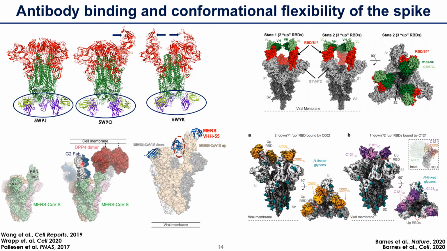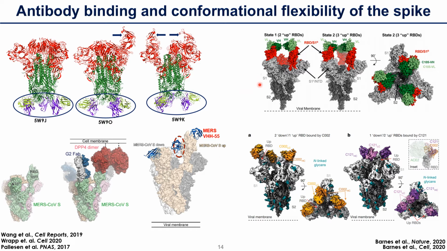It was hypothesized that once it binds to the N-terminal domain, there is a steric clash because of which the RBD has to open, and once the RBD opens, it can bind to the host cell receptor. In another kind of antibody, the VHH55 antibody, it was shown that it can bind only when the MERS-CoV RBD is in an up conformation.